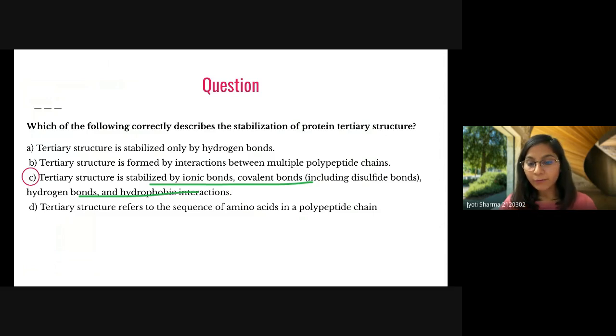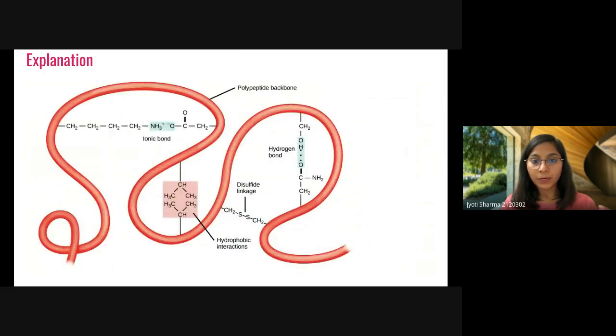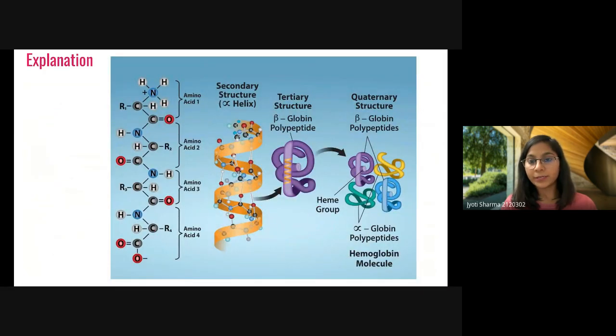And we also have one quaternary structure. Whenever we have different polypeptide chains, then this will give you the quaternary structure. So we have primary, secondary, tertiary, and quaternary structure. Let me tell you, hemoglobin is nothing but a protein, and that protein has the quaternary structure.